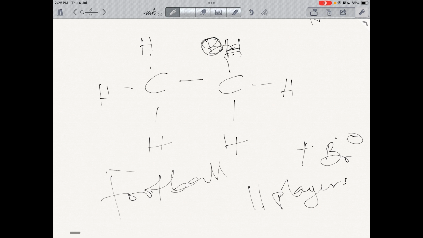This type is called nucleophilic substitution reaction bimolecular, SN2. You must have heard of that before. It is called SN2 because this is substitution, this is nucleophilic, and this is bimolecular.